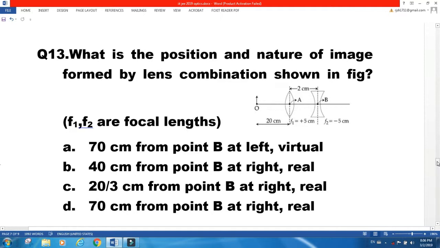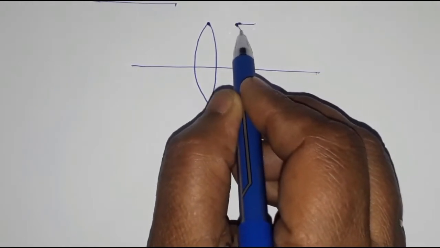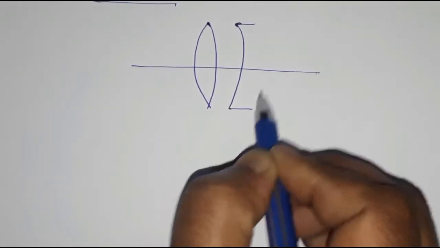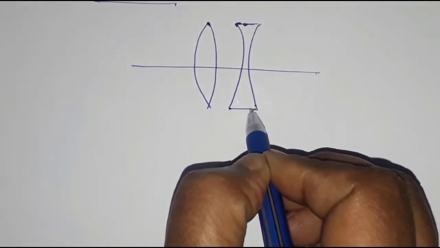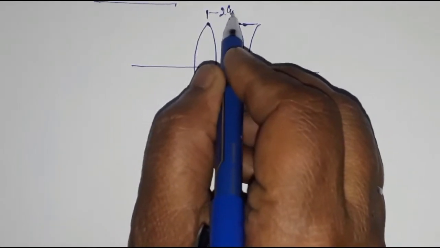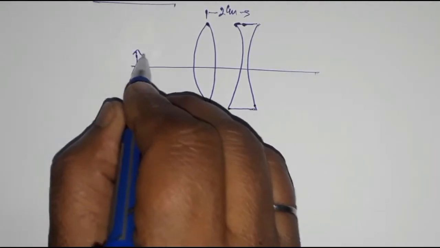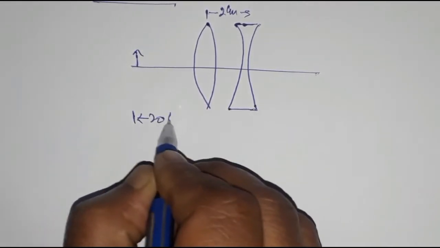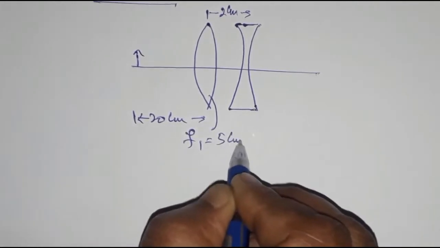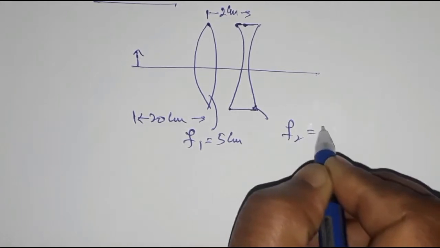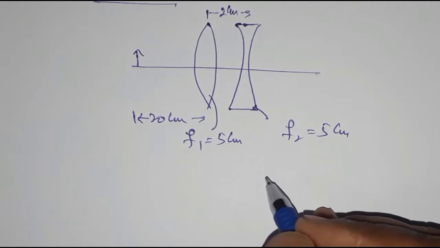This is a convex lens, and at a distance of 2 centimeter a concave lens is placed. Here the object is placed at 20 centimeter. F1 is 5 centimeter and F2 is also 5 centimeter. You have to find the final position of the image.